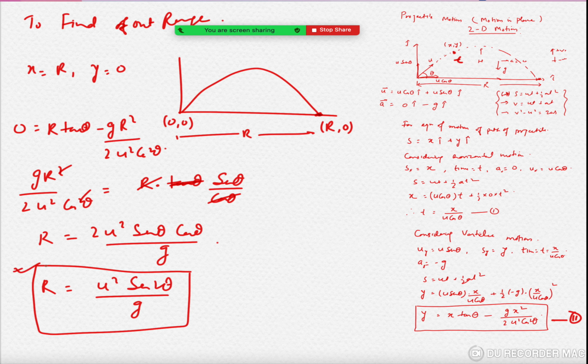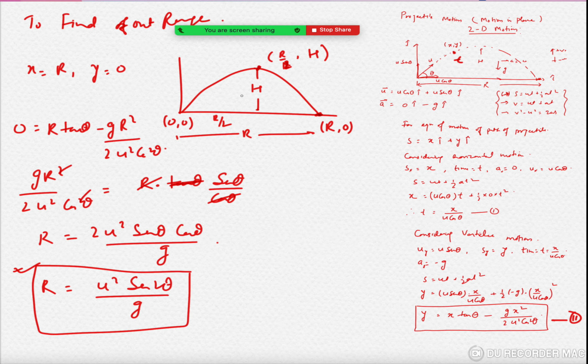So if you know the equation, you can find out this is a special case of that equation when it reaches the same level, isn't that? Second thing, if I have to find out maximum height, at maximum height, by symmetry, you can say the x coordinate is R by 2, and this is h.